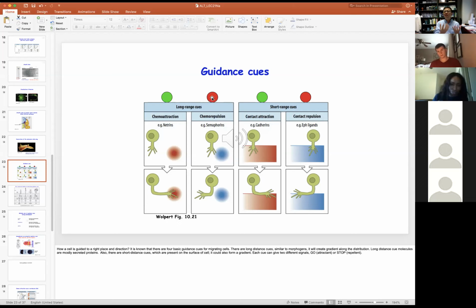It's an easy concept, but biochemically, it's kind of difficult. Why it's difficult is that growth cone has the receptor, but they have to sense those chemicals and then repel from them, isn't it? So they'll move away from it.